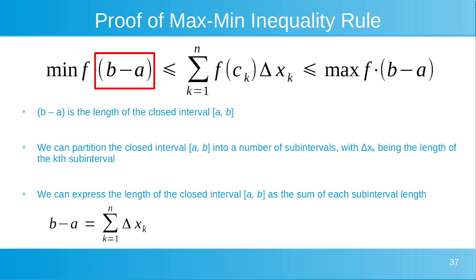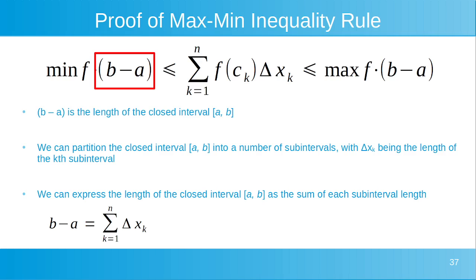If we look at our b minus a, highlighted here in this red rectangle, b minus a is the length of the closed interval from a to b. We can partition the closed interval from a to b into a number of subintervals, with delta xk being the length of the kth subinterval.